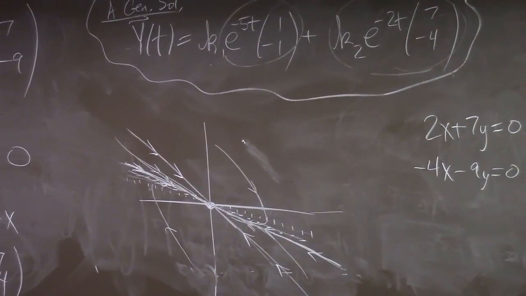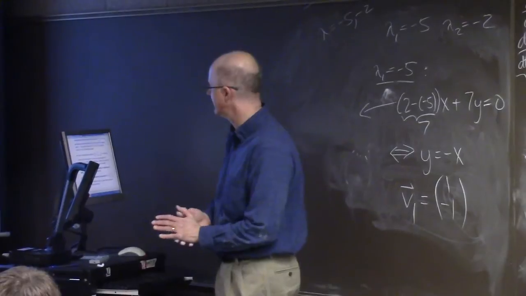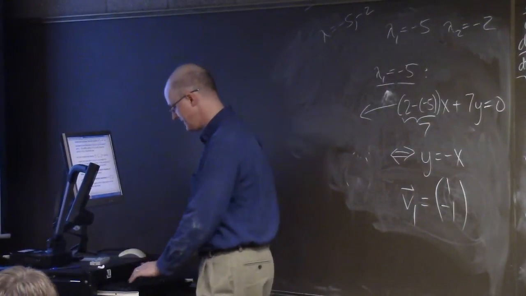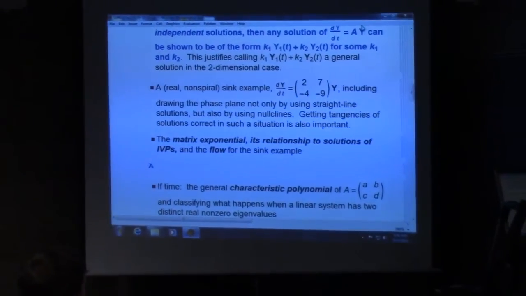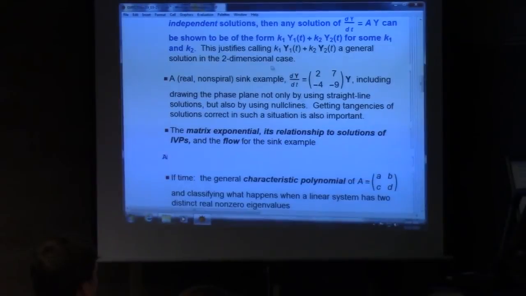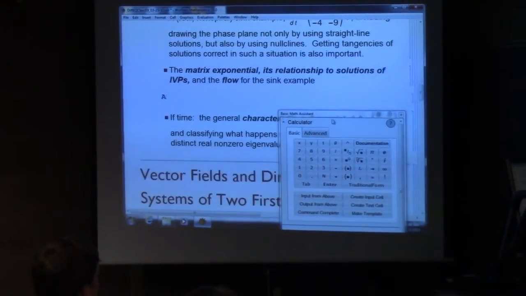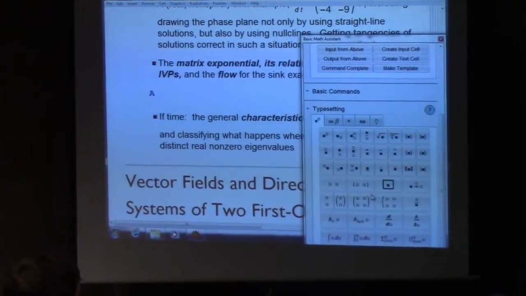All right, let's spend 5 minutes with this matrix exponential idea, which is not nearly enough time, but it'll get us going on an introduction to it. Let's go ahead and enter the matrix A here. Use the palette here.